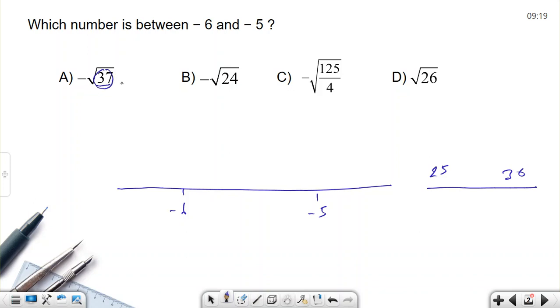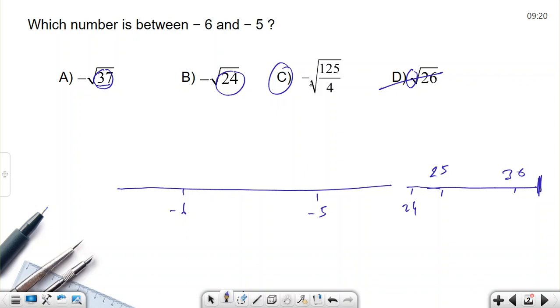That's 37. So 37 is not between 25 and 36. It is on the right-hand side of 36. 24 is not either; it is less than 25. And 26 is in range, but it's not negative. Because that's a positive number, it cannot be between -6 and -5. So that cannot be our answer.